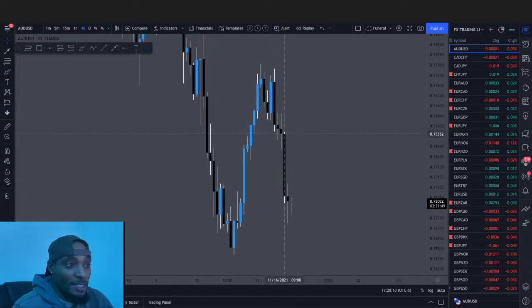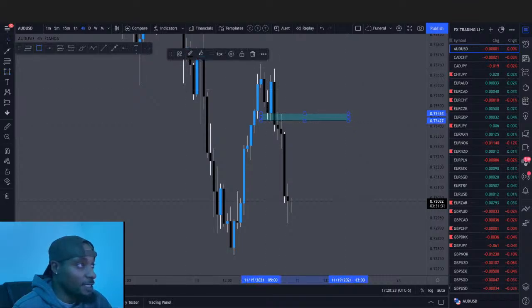The rules of my strategy say I couldn't look for the trade until after this candle had closed, and then I was looking for a retest, something up in here: previous structure support broken, now retested as resistance.